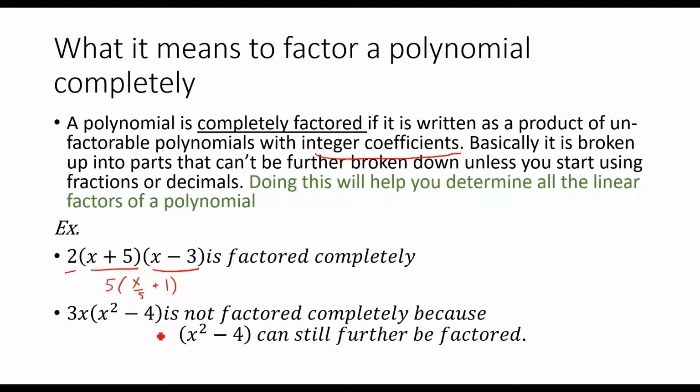On the other hand, if we have something like this, 3x times (x squared minus 4), this is not completely factored out, because this x squared minus 4 can still be broken down into smaller pieces. And by smaller, I mean polynomials of a smaller degree. Now x squared minus 4 can actually be turned into (x plus 2) times (x minus 2), because this is the difference between two squares.